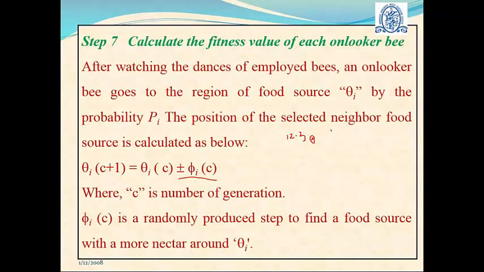So let us suppose this is the first position of the onlooker bee, this is the second position of the onlooker bee, and this is the third position of the onlooker bee. So the 3 onlooker bees are assigned to this particular employed bee. Then we naturally calculate again the objective function values. Suppose the objective function value here is 15.6, then this is 18.7, and this is say 12.9.